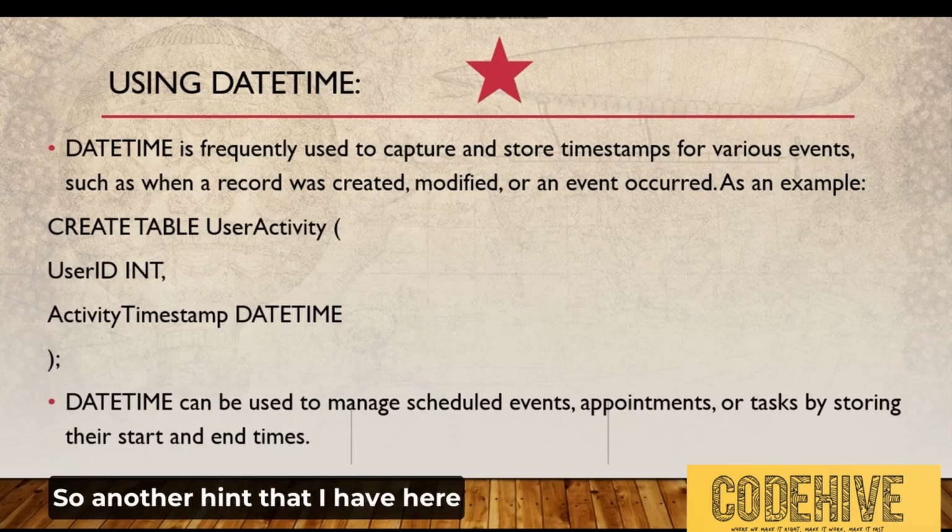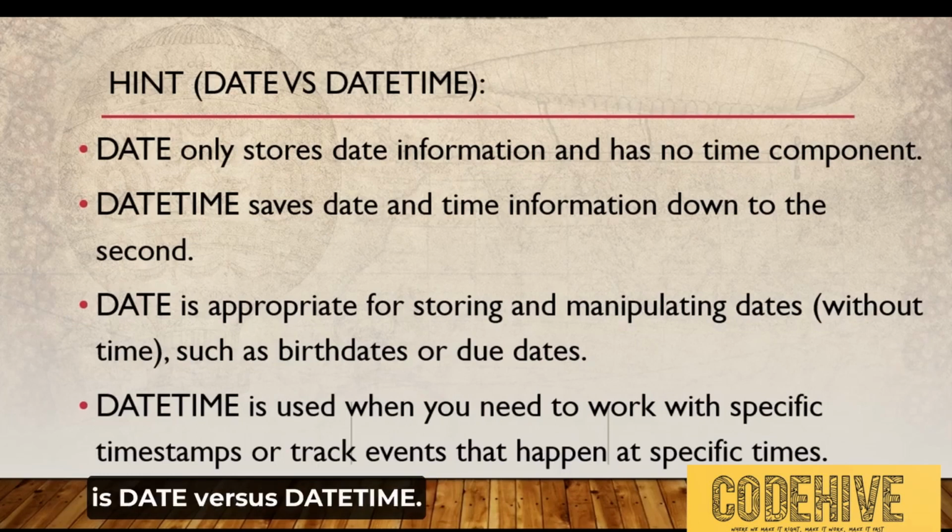Okay, so another hint that I have here is date versus date time. Date only stores date information and has no time component. Date time saves date as well as time information down to the second. So literally every second, every minute, hour, it saves all that time information as well.